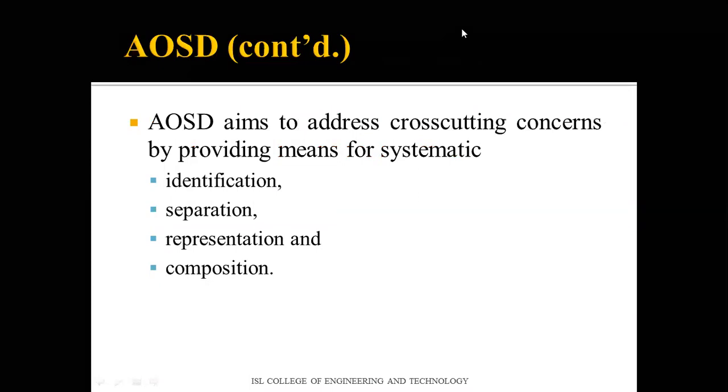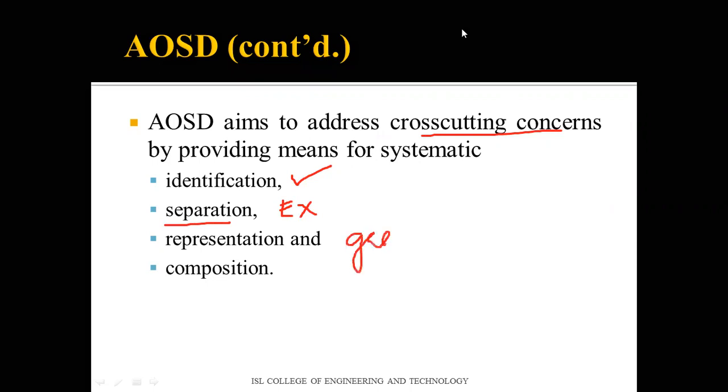And how are you going to address this? By identification. First, you're going to identify the different cross-cutting concerns. Then you're going to identify how you are going to separate them, as in the previous example we considered. Then representation. For representation, any type of graphical model or prototype can be used. Composition is how you're going to put all of them together.